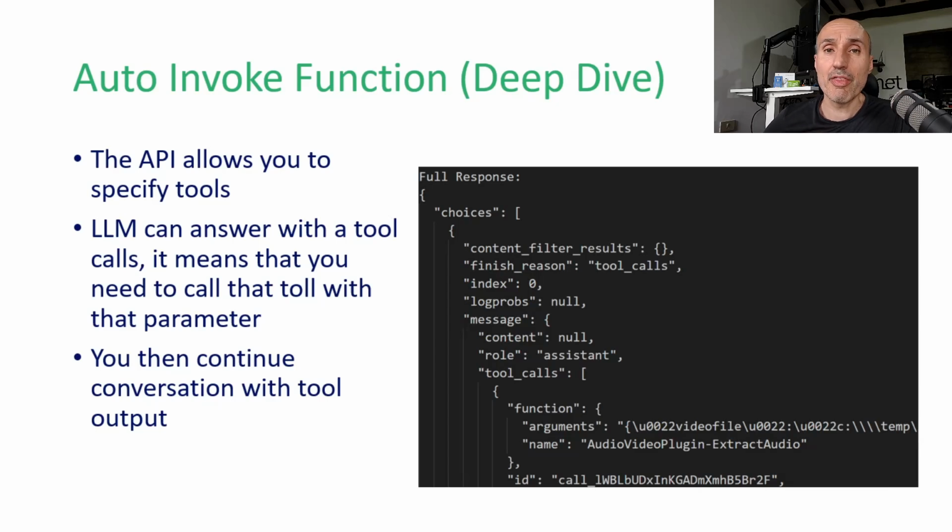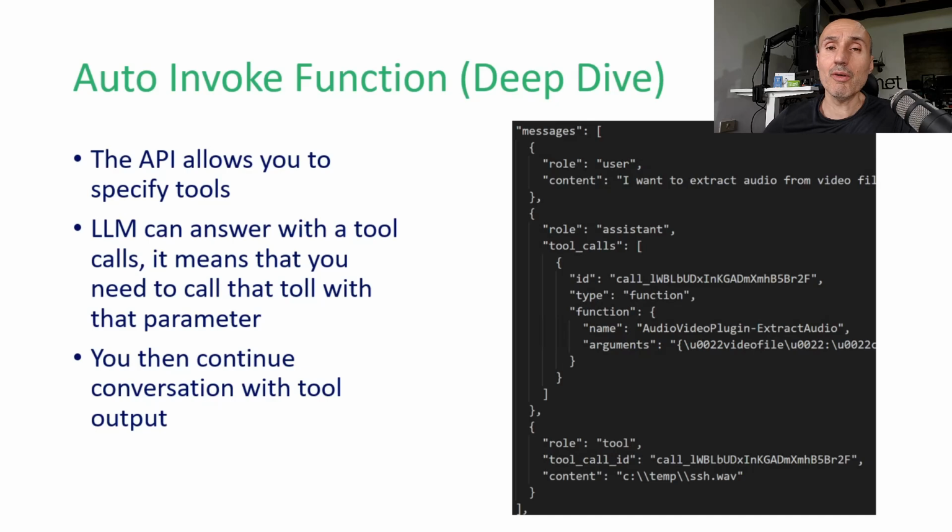Then with the second call, you see that the conversation is not the standard chat conversation you can expect, where you have user, assistant, user, assistant. You have user and assistant, but since the assistant answers with a tool call, the subsequent piece of the chat has the role tool.